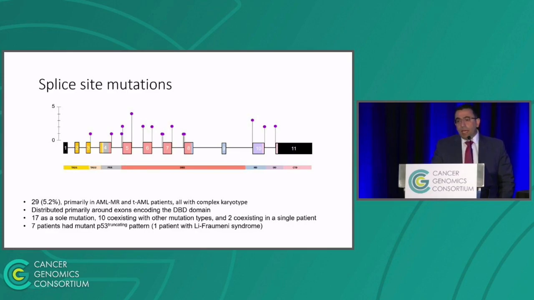In this cohort of over 500 patients, we had two cases where we had two splice site mutations coexisting in a single patient. And about a third of these patients could have the truncating pattern of P53 expression with loss of signal by IHC.